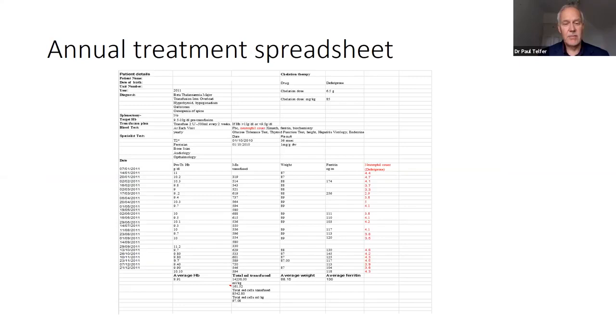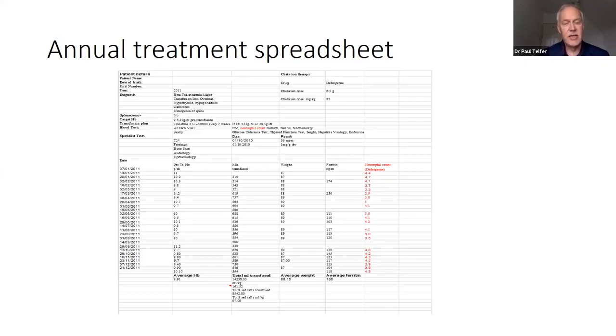One other practical suggestion is to develop a transfusion spreadsheet. This is what we use in my service, and we use it also for monitoring patients who are treated in other centres, where we review them perhaps once or twice a year. It's basically just a simple Excel spreadsheet, but it contains useful information and instructions for the transfusion unit staff on how much blood to give and what chelating regime they're on.